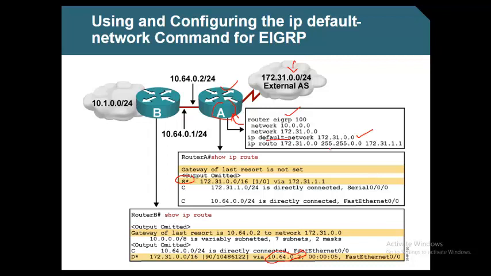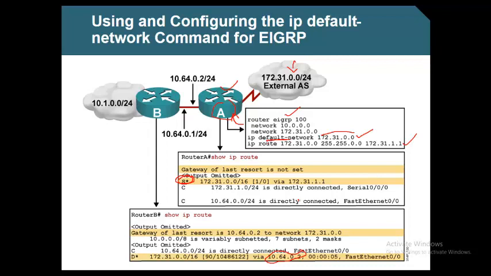Because you have written a static route to that network of the ISP and you have defined it as default. Usually you get a star if it is 0.0.0.0, but you can also define a network to be a default network to have a star.